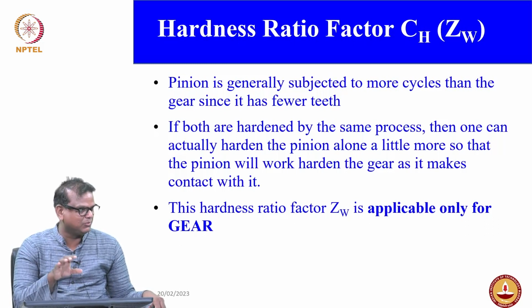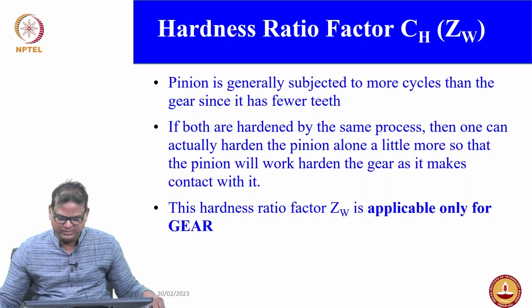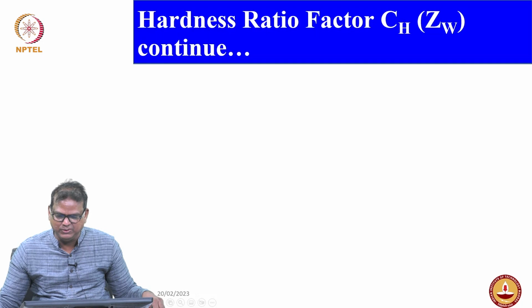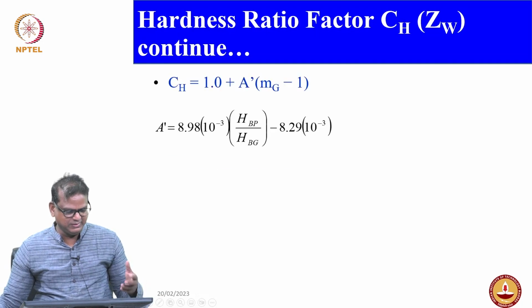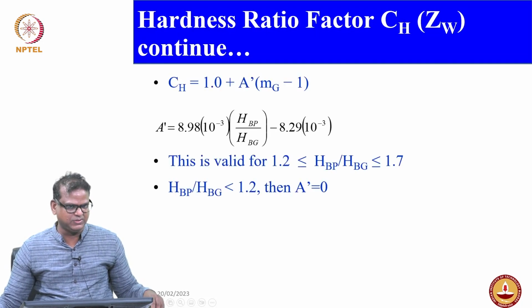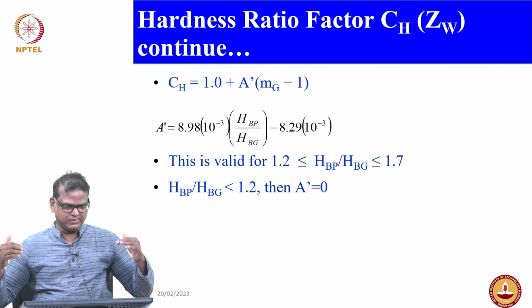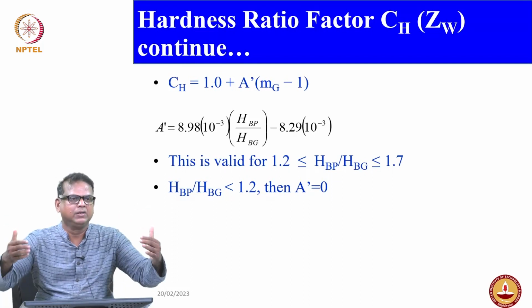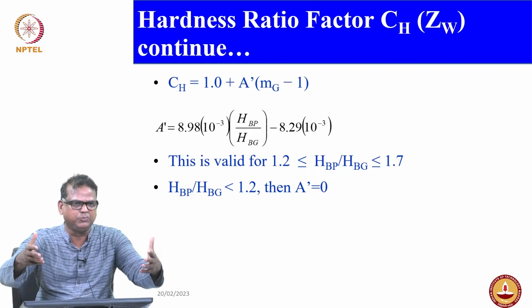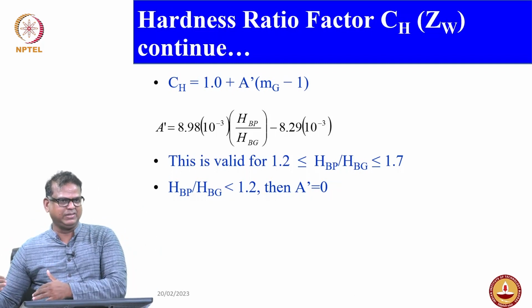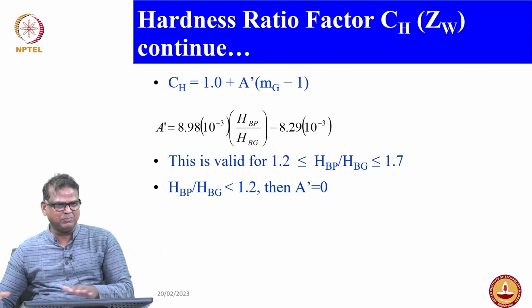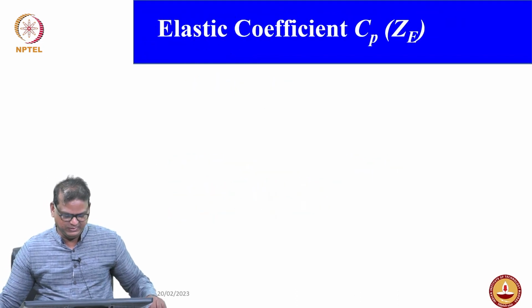Yeah, particularly I am talking about the hardness aspect. Okay. ZW is applicable. So we will choose ZW equal to 1, and this is the equation, because we are concentrating on the gears transmitting the power from the lathe shaft to the output shaft. So it is a lathe shaft, the gears are pinion and gear. So this is applicable only for the gear.